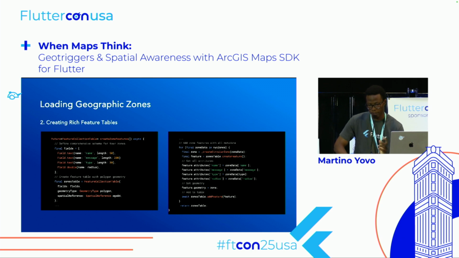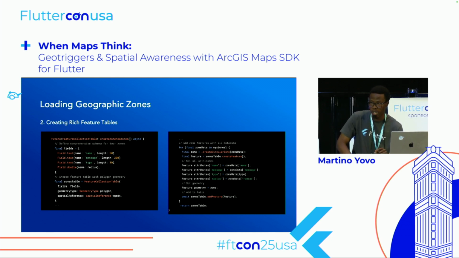So now after doing that, you will need to create a feature table. For feature tables, we have different fields. We have text, we have double, we have integers, and so forth. You can use text for names, messages, and a type.